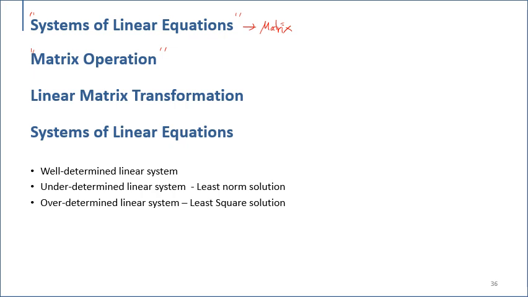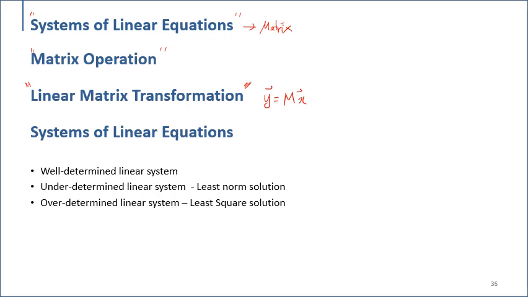Then we interpreted the matrix and vector product as a linear transformation, which transforms one vector to another vector, and we saw several important examples of matrix transformations.